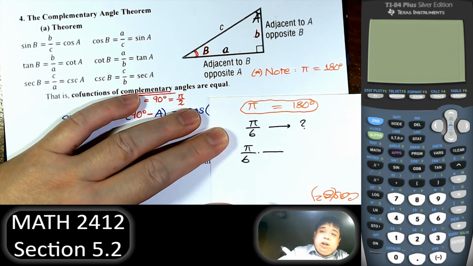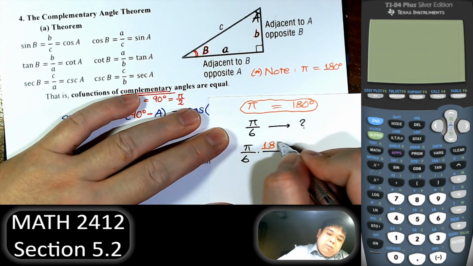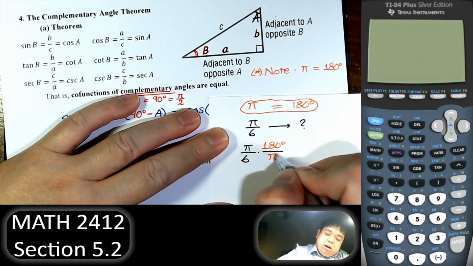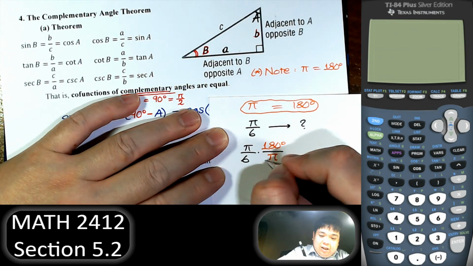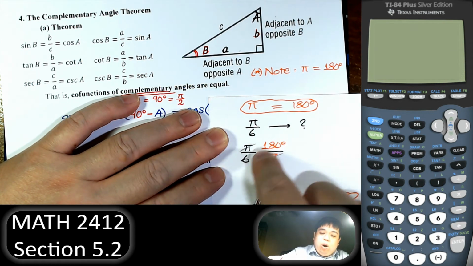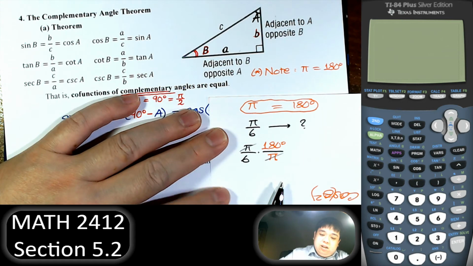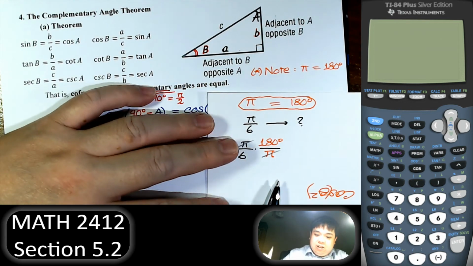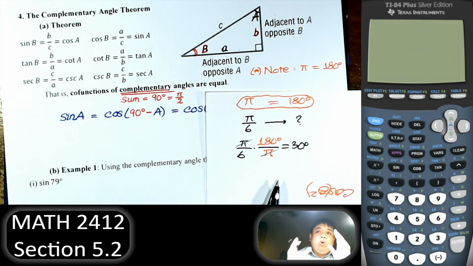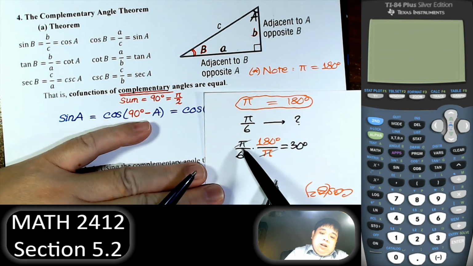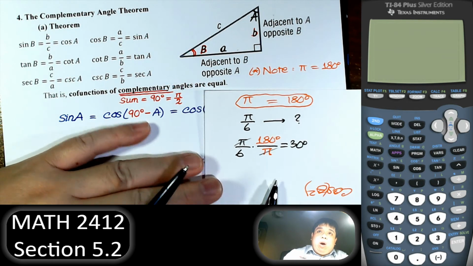If we want degrees, we put degrees on the top and the pi at the bottom, so that this pi and that pi cancel out. 180 divided by 6, that is 30 degrees. Yeah. So if we want to go from radians to degrees, multiply by 180 divided by pi.